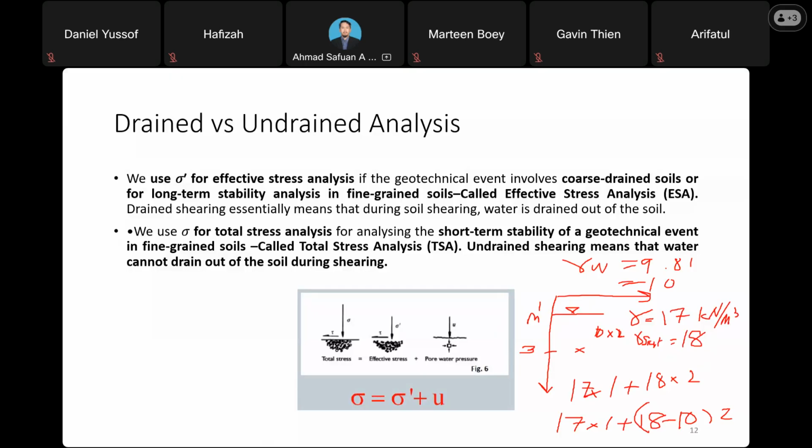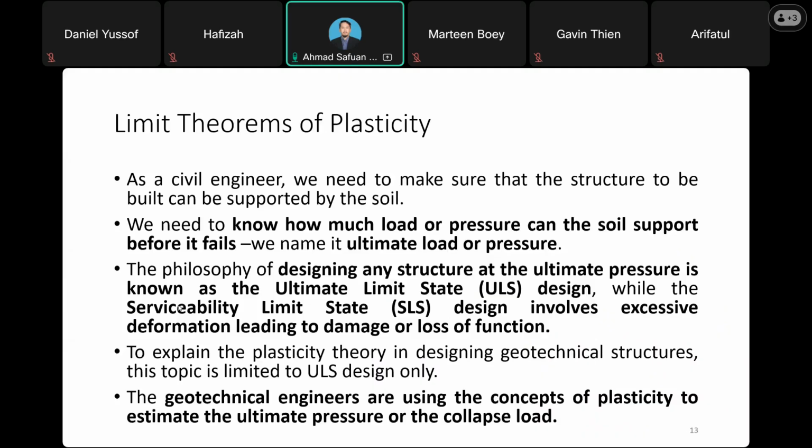All right, so that is a little bit on drained, undrained, effective and total stress analysis. So in terms of design analysis, we may refer to the limit theorem of plasticity.